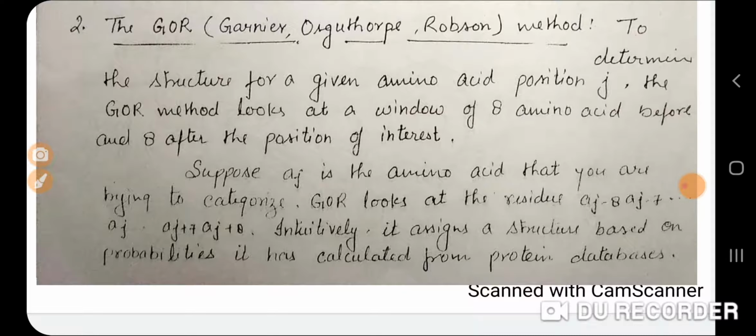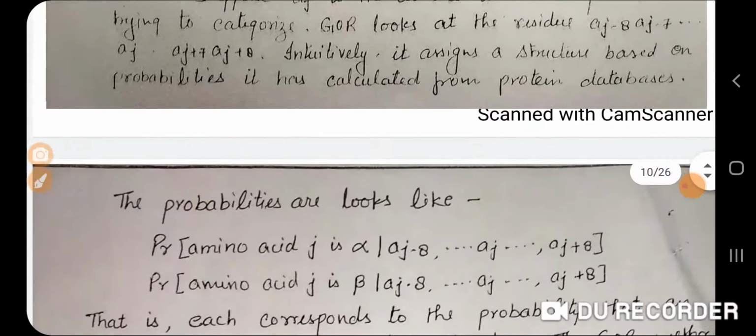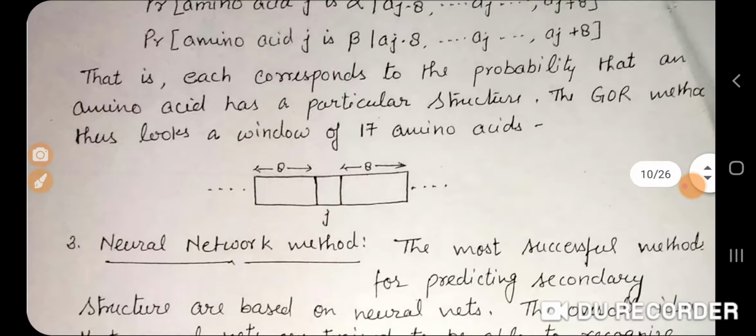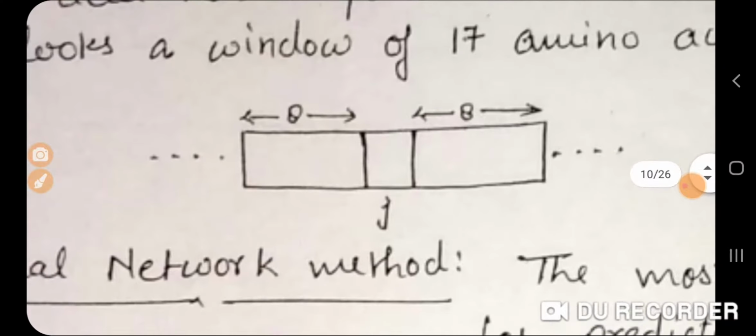You consider an array, and from the first position you place a window in which 8 amino acids are left before and 8 are left after, and for the ninth one, if it is T, then it will go to beta sheet. Like that, you just slide the window one box at a time, and whatever comes, you note it down. So it is the simplest method for protein secondary structure prediction. Like you can see here, the window of 8 and 8, and this J is the box.